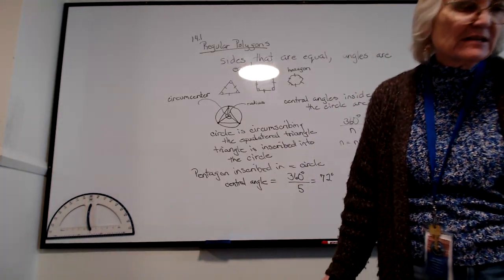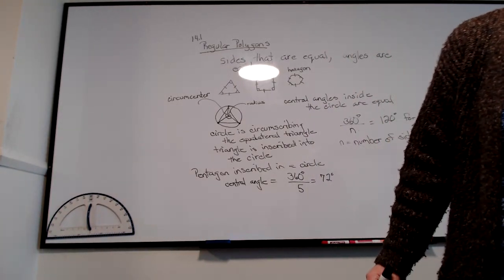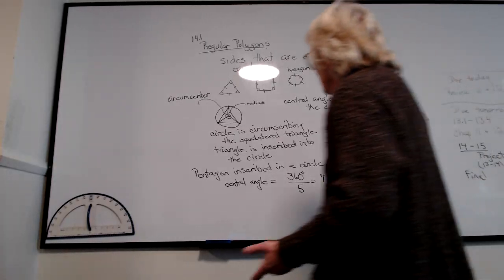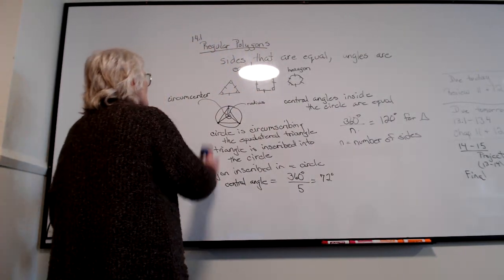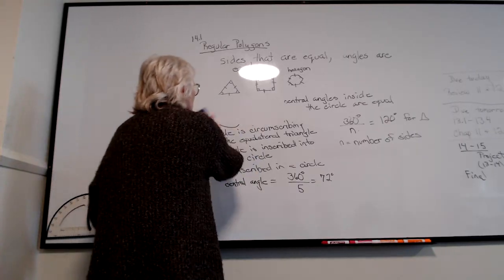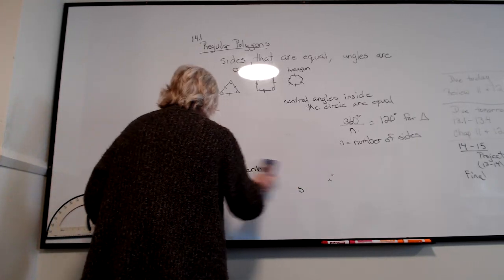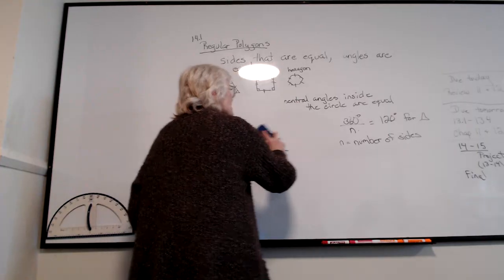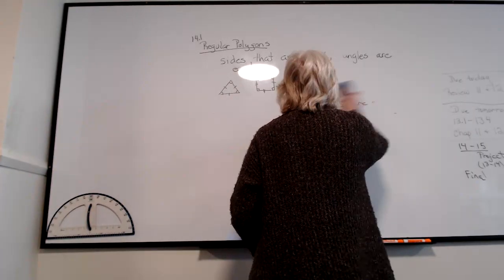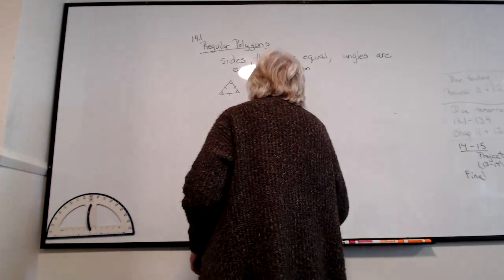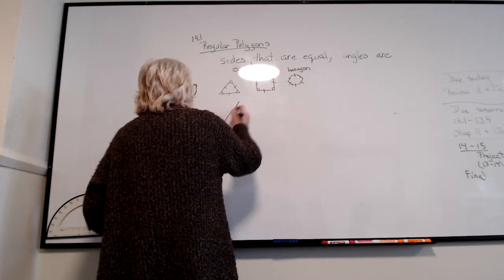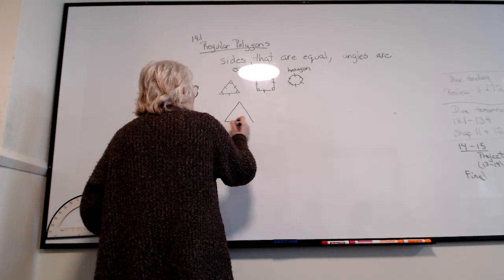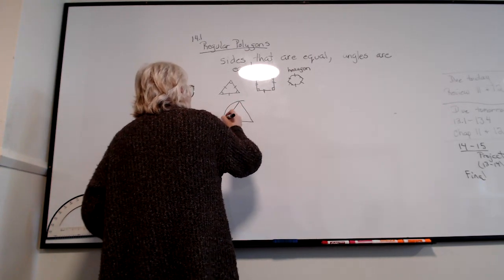Okay, there is one more thing that they talk about. I'm going to redraw another picture because it's a little harder to see. And it's a special word that I don't use very often, so I couldn't even remember this one. But let's say you have your equilateral triangle.